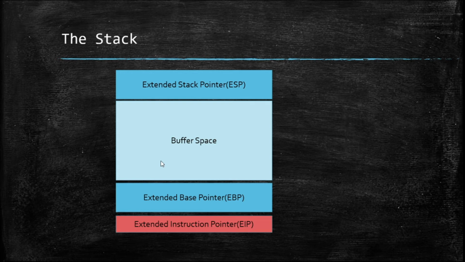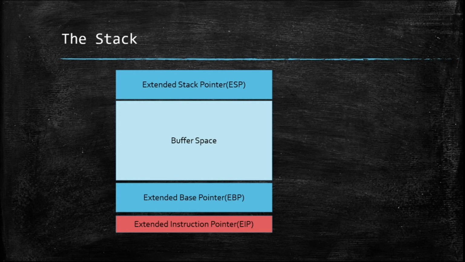Now, what happens if I put more than those 100 characters, maybe 1,000? Everything here is going to be filled up and then spill into the EIP. Now, this is where it gets interesting, at the EIP. If you are able to control the EIP, you could put in some malicious code that we want. So we can point the application to malicious code, and that can give us access to the system.